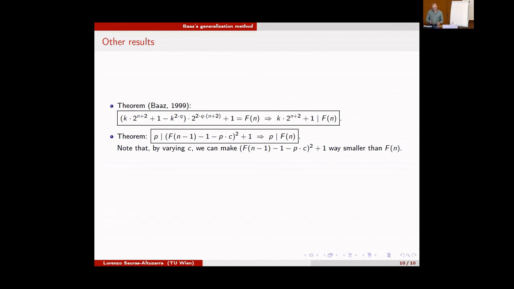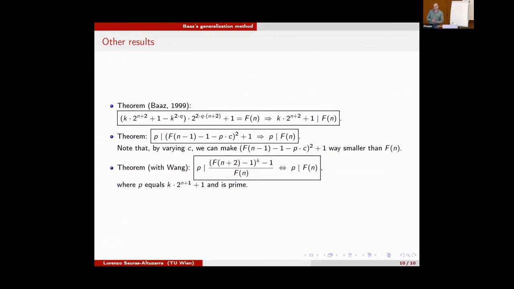And finally, a theorem that is a characterization, actually, because Yang Wang managed to prove the converse implication: a number P is a divisor of the nth Fermat number, providing that it has this form, if and only if P divides F of n plus 2 minus 1 up to k minus 1 divided by Fn.